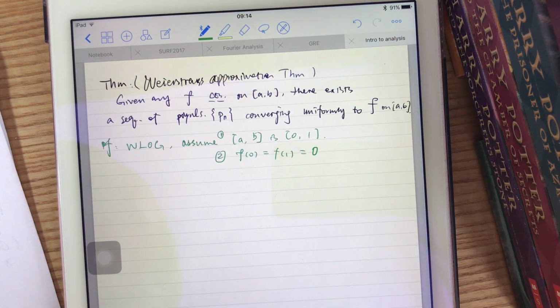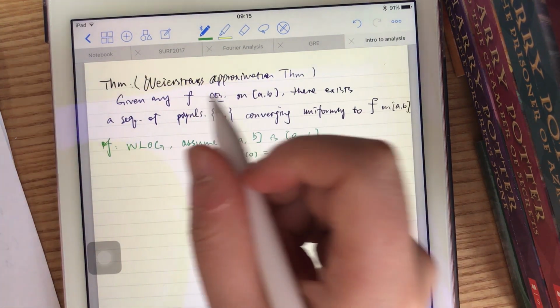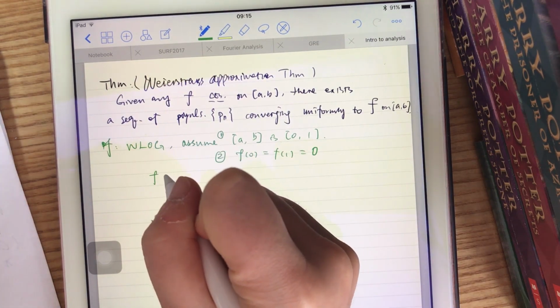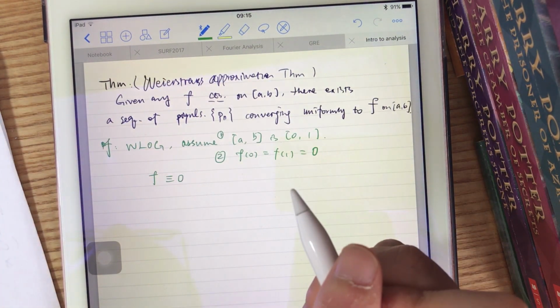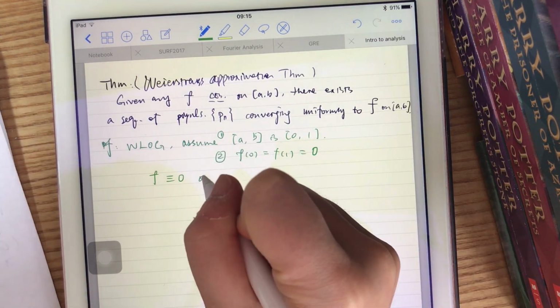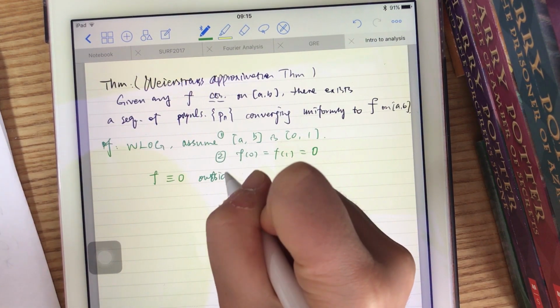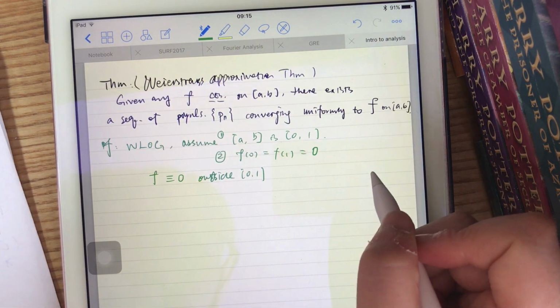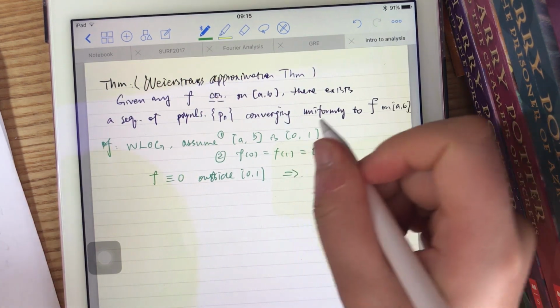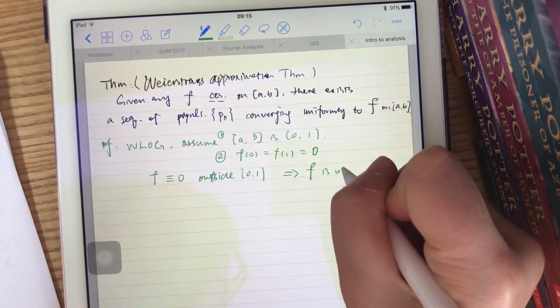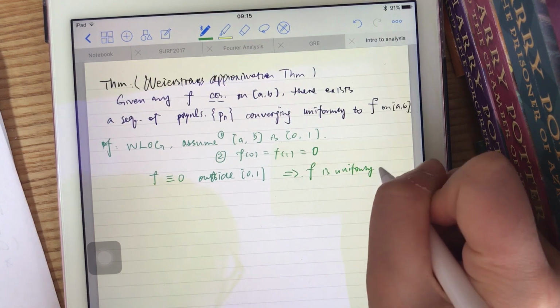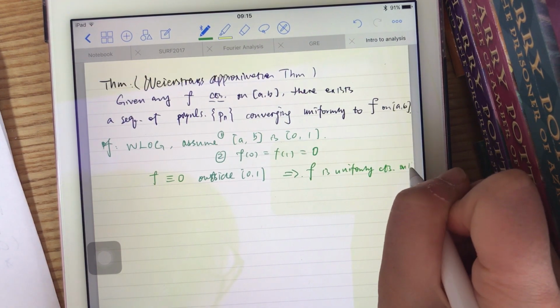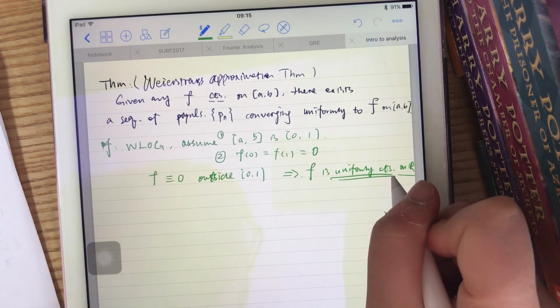And another thing is, let f be 0 everywhere outside [0,1]. The reason we make this assumption is to make sure that f is uniformly continuous on R. Okay, uniformly continuous.